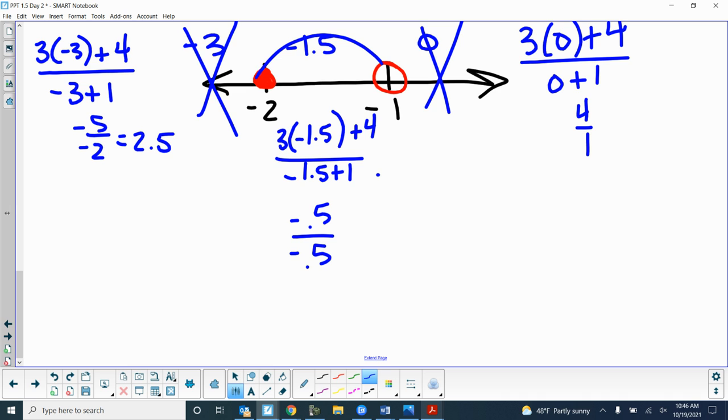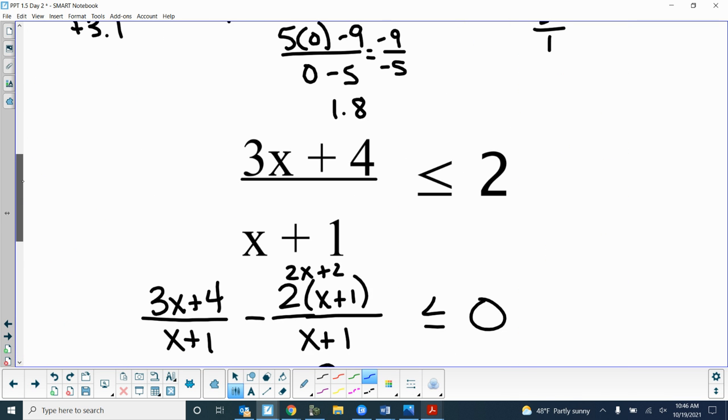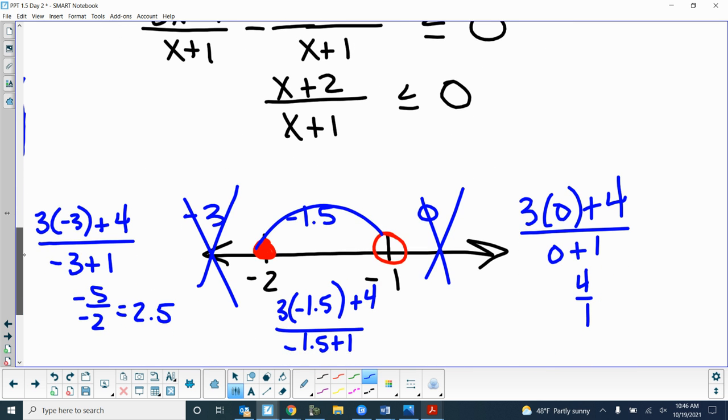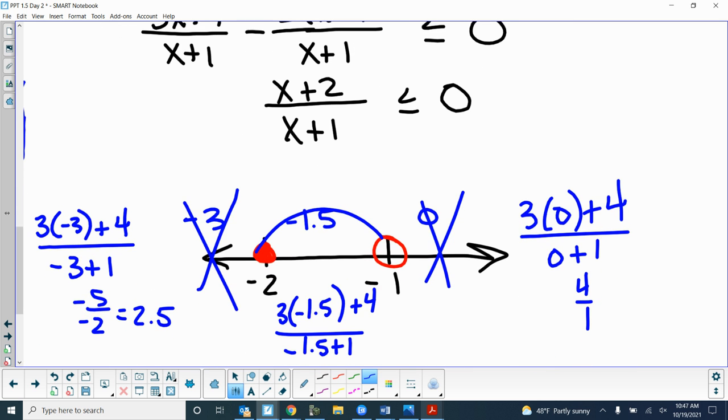What's a negative 1/2 divided by a negative 1/2? What's something divided by itself? 1, right? So is 1 less than or equal to 2? Yeah, it is. So that was the correct graph.